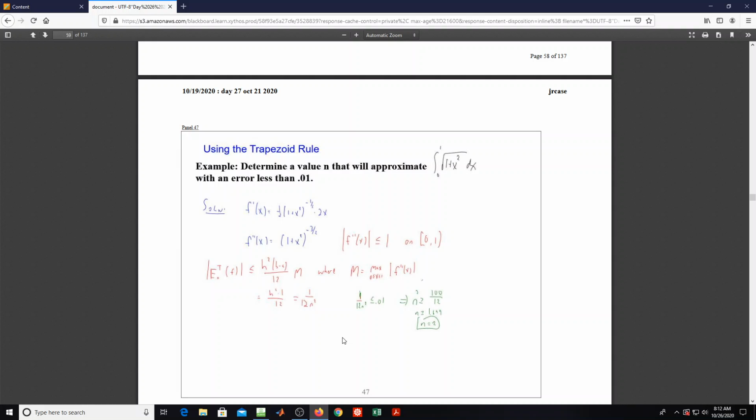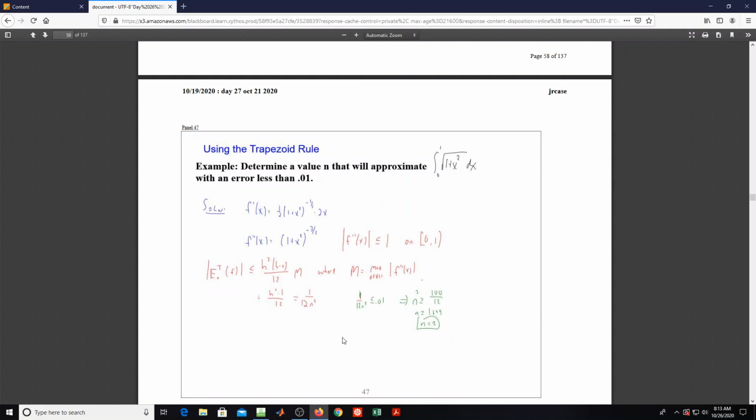And this is going to be equal to 1 over 12 n squared, because each of my h's is going to be some subinterval. So I want 1 over 12 n squared to be less than 0.01.